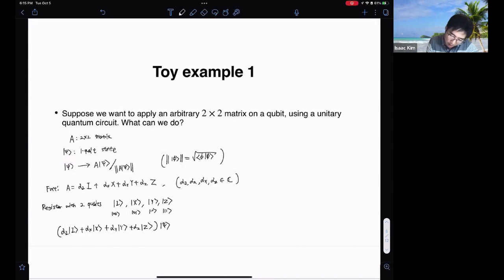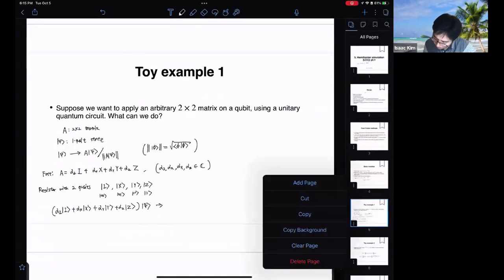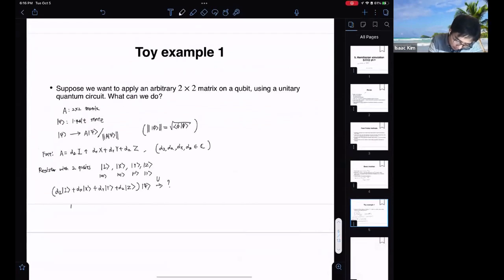So that 1-qubit quantum state begins in the psi state. Then I'm going to apply a unitary transformation, let's call it U. What it does is the following.